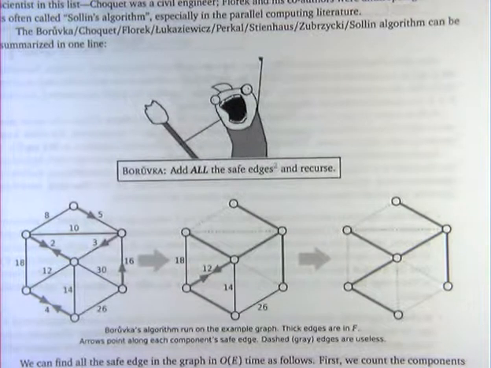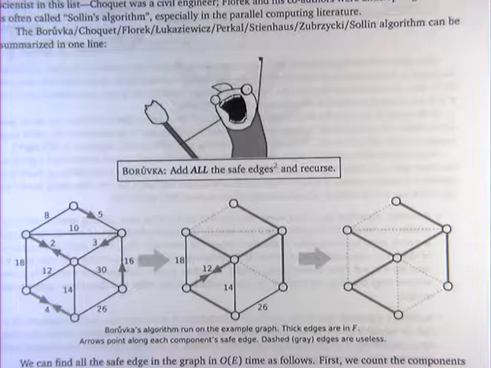So here's the example graph that I showed you before. At the very beginning, I could just say every vertex, find your lightest edge leaving you. Everybody point at your best friend. Okay? And then if there's any edge that has at least one arrow pointing along it, you'll add it to your forest.